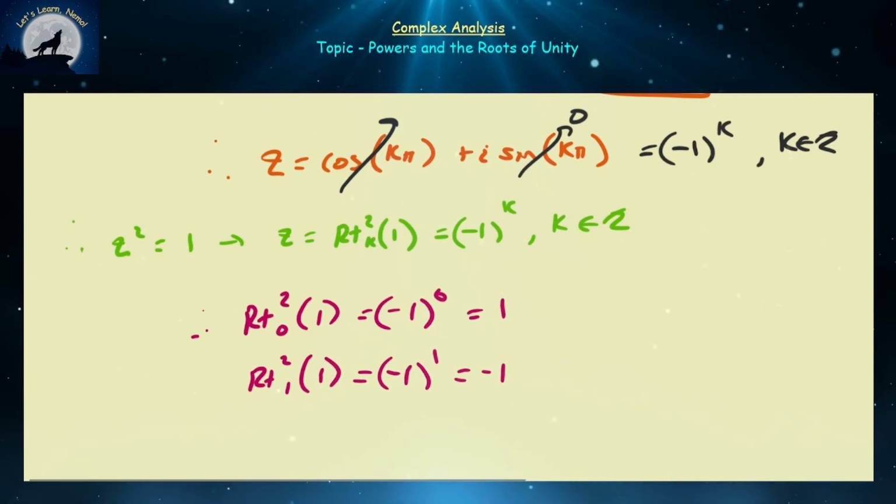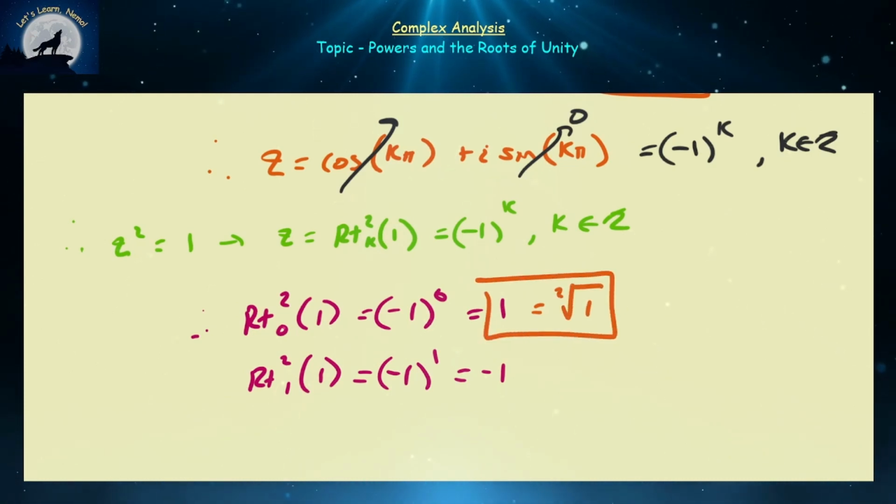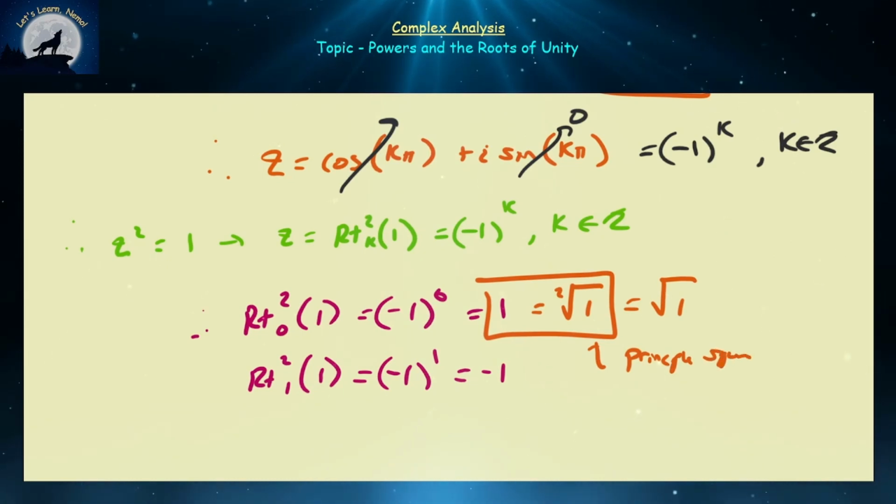But sometimes people will use a different notation and say this is just the square root, or principal square root, of 1, which some people also write like that, right? Keep in mind there are multiple roots of 1 under the power of 2. There are actually two. There's the principal square root of 1, and then there's, I guess you could say, the secondary square root of 1.